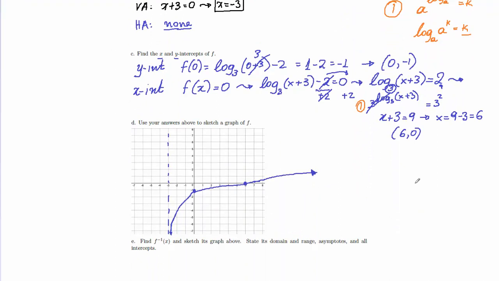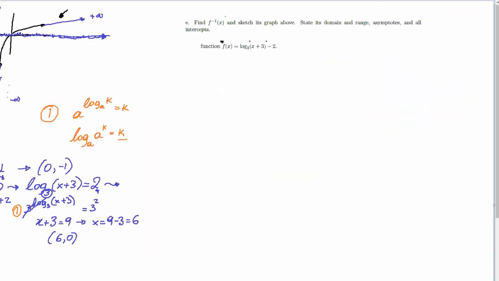Okay, now what else do I need to do? Well, what I want to do is to find the inverse function for my initial f of x. In order to do that, what we want to follow are the steps for finding the inverse of a function. So the first step is to change the f of x with y.